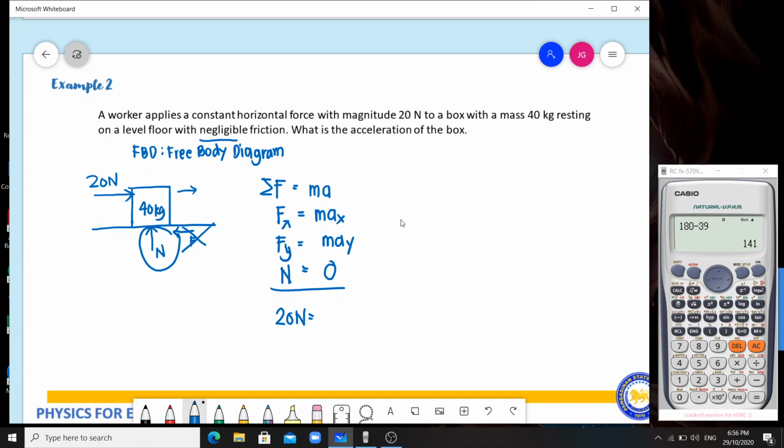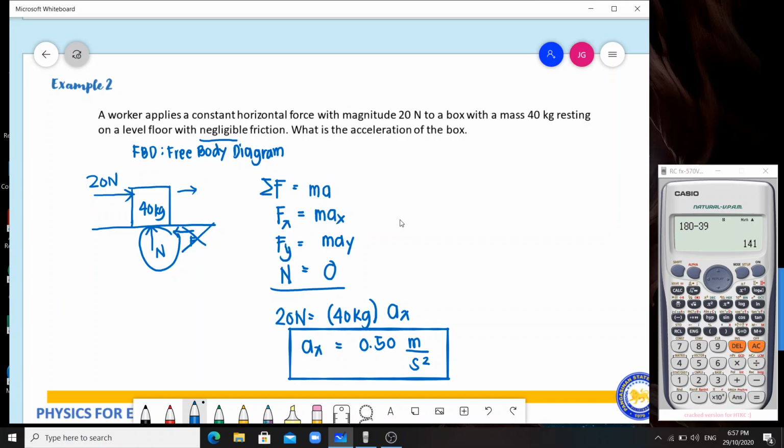And then, the mass of the object, which is 40 kilogram. At yun yung hinahanap na acceleration ng box. Yung acceleration niya horizontally. So, this is 20 divided by 40. This is 0.50 meter per second squared. Okay? So, this is our final answer.